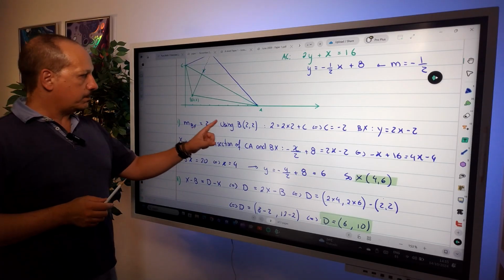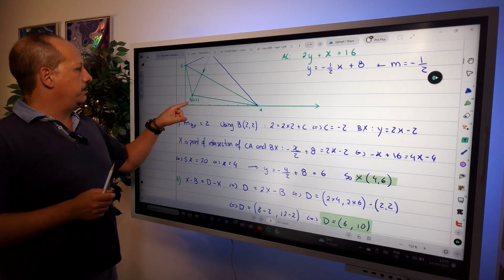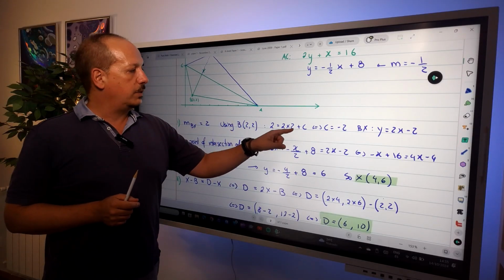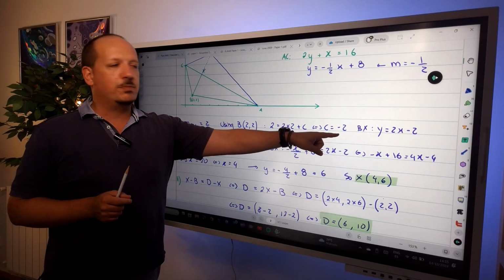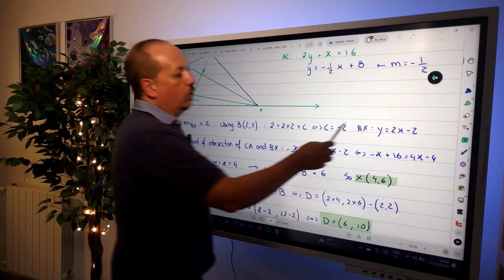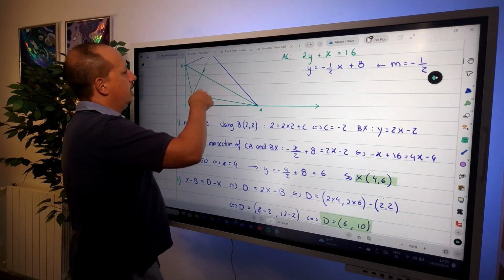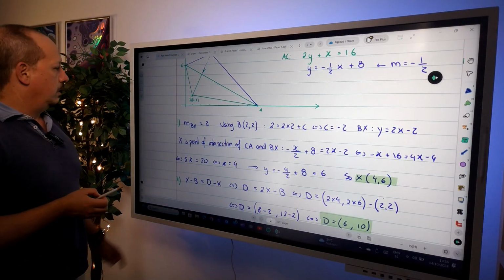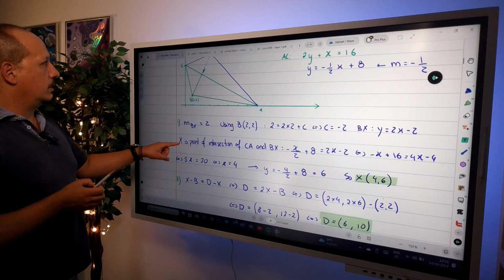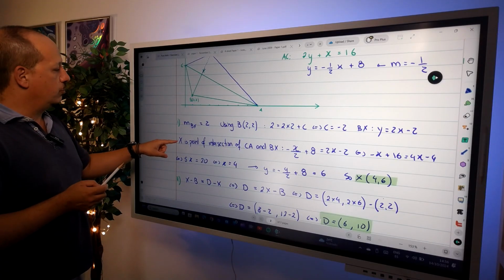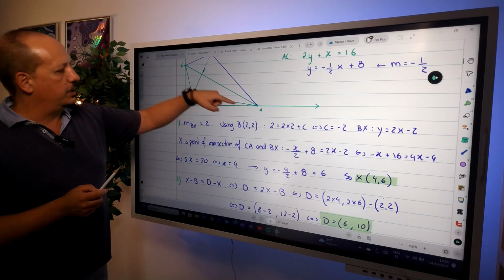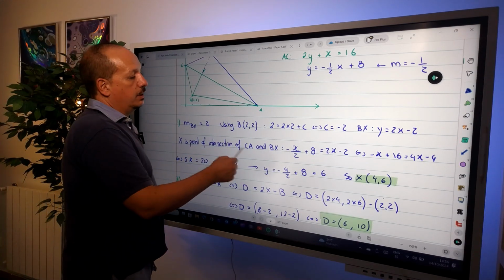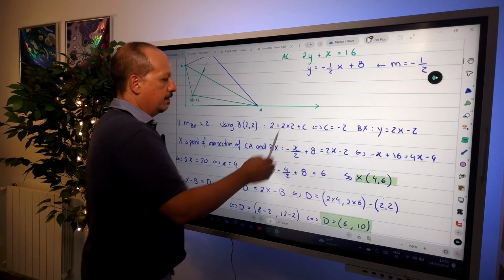Sorry. So using point B, 2, 2, I can get the information about the y-intercept, which is minus 2. And now I know the full equation of line BX is y equals 2x minus 2. To get the coordinates of point X, I need to know that it is a point of intersection of these two lines. And I know the equation of both. CA is going to be that.